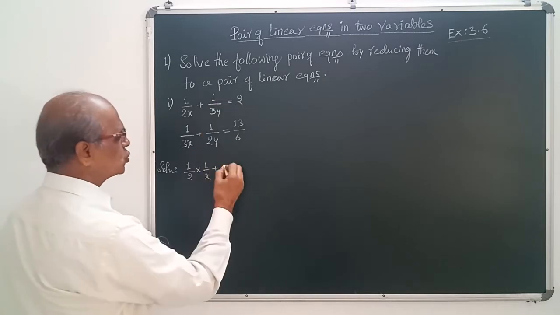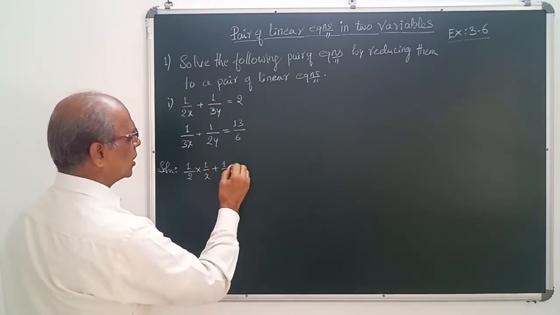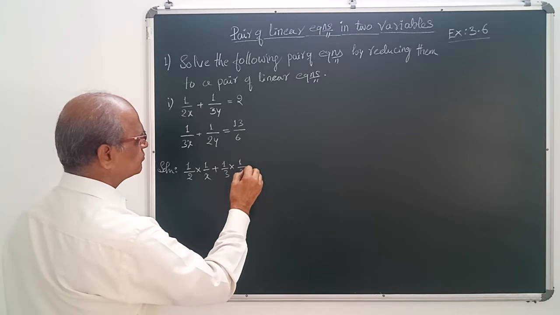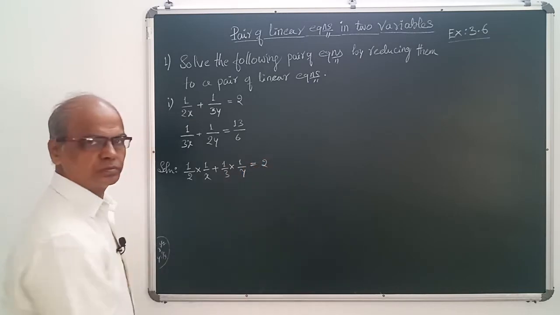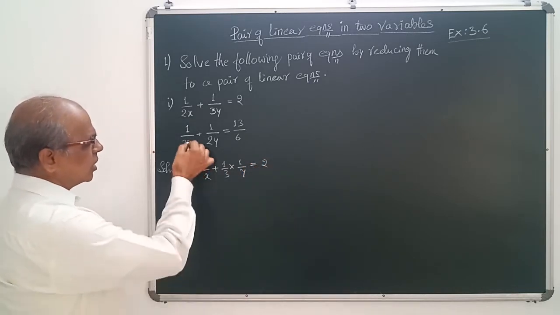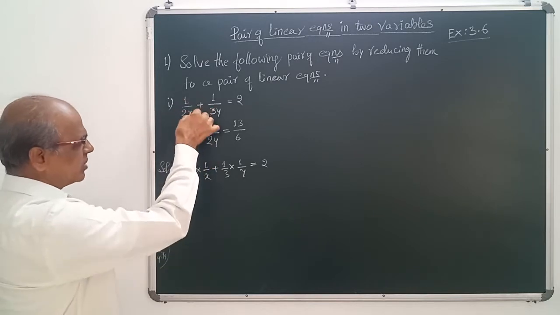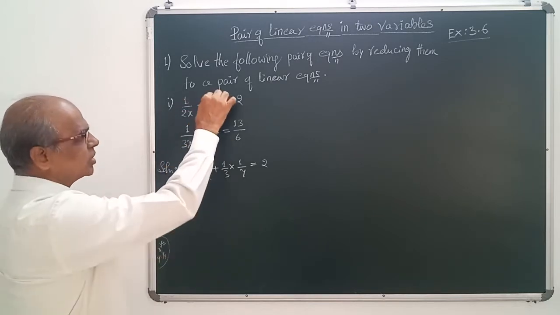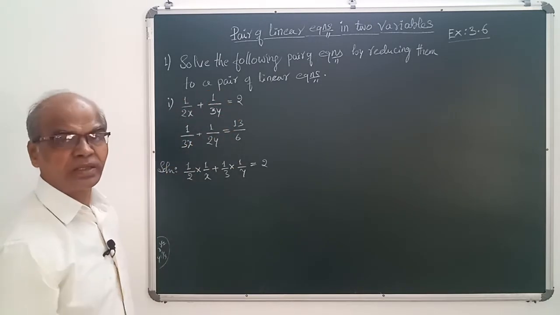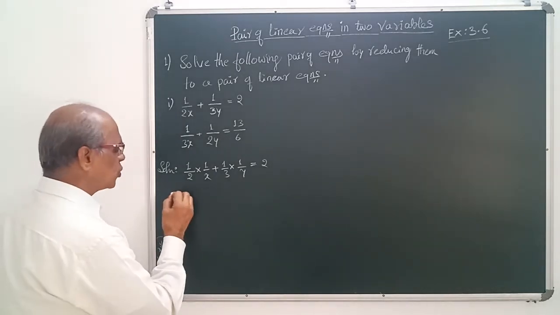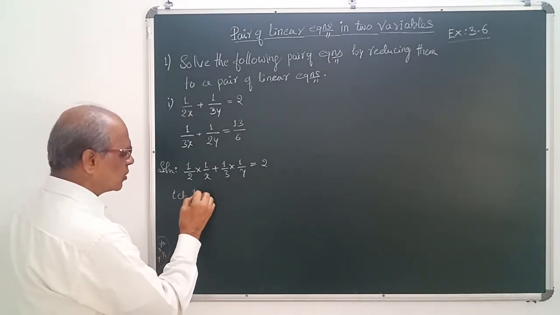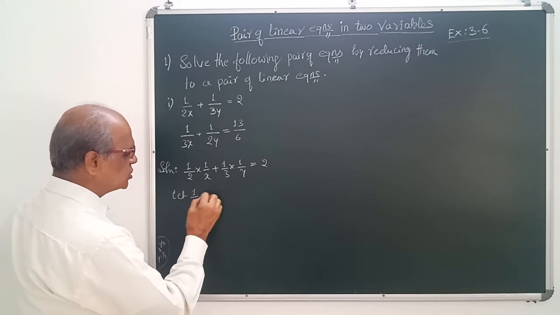Similarly, this can also be written as 1 by 3 into 1 by y is equal to 2. Now you see here, in both the equations, here also 1 by x, here also 1 by x, here also 1 by y, here also 1 by y. That means we can put: let 1 by x is equal to a.